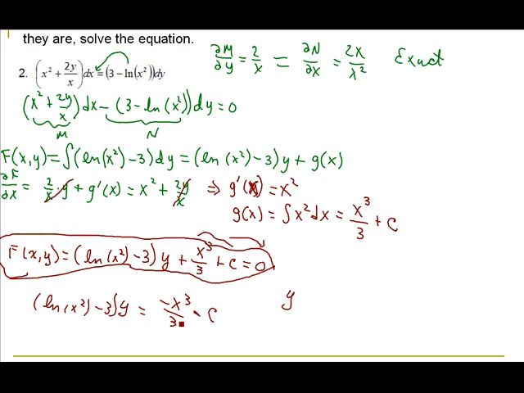Let me just do that. So I'm going to get 3 natural log x squared minus 3, should be in brackets.